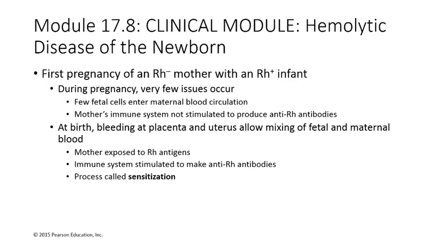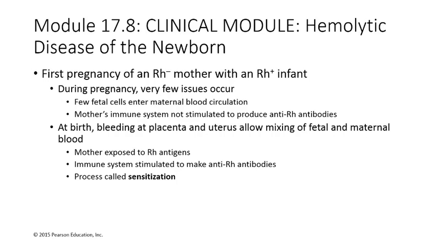Now, during a first pregnancy, it's usually not a problem because the mother has very few cells. But upon birth and during the pregnancy, some of the baby cells are going to cross over. So the bleeding of the placenta and the uterus is definitely going to expose the mother to significant Rh antigens at the time of birth, and the mother will then be sensitized.